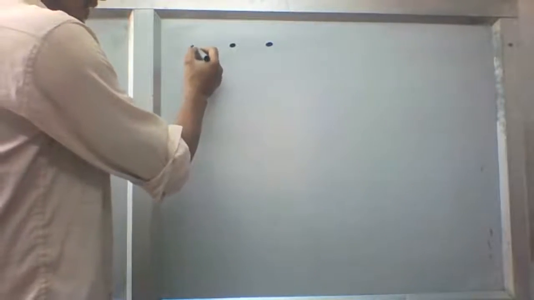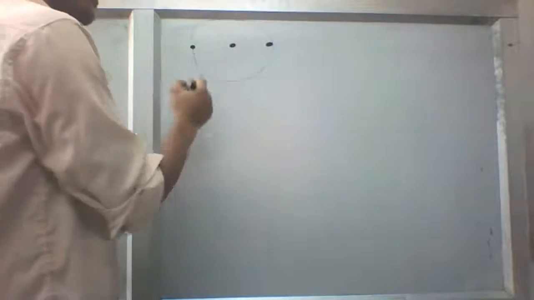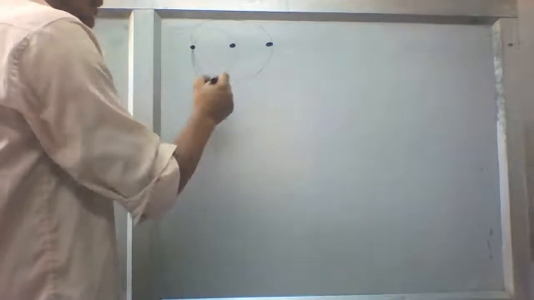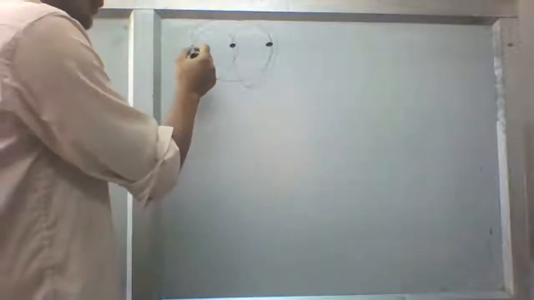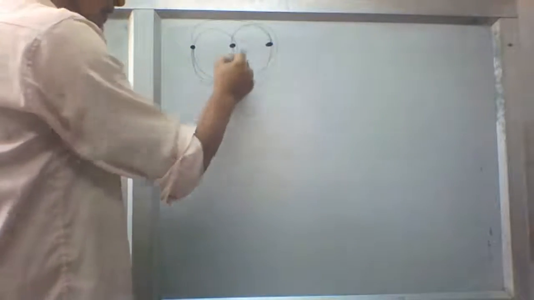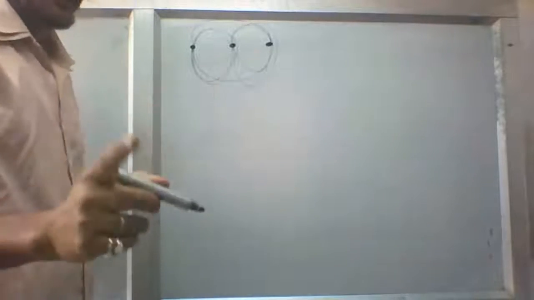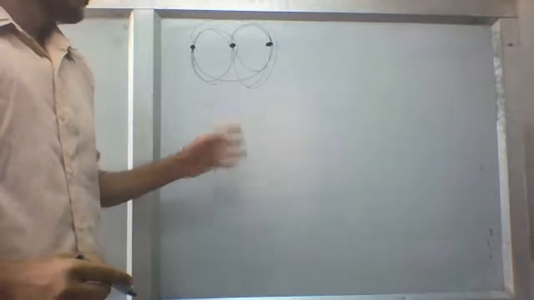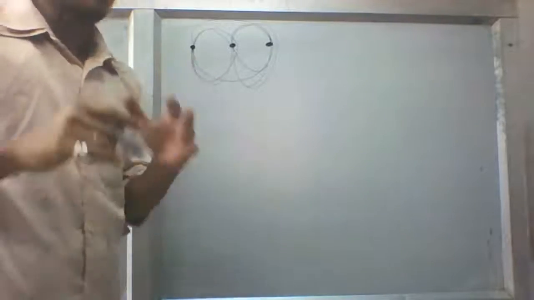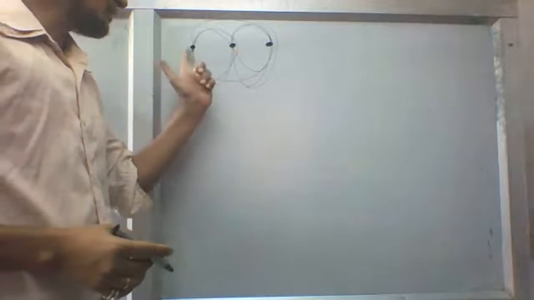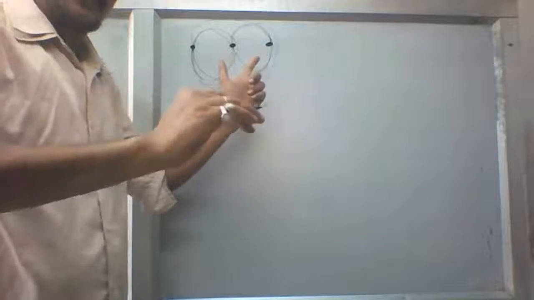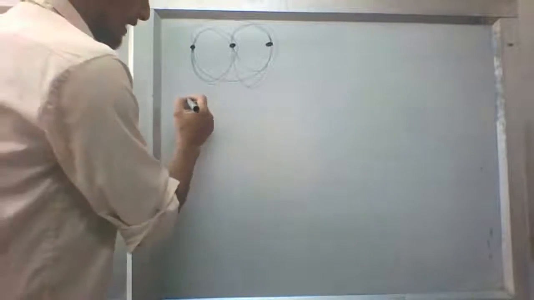Absolutely not. Because either you will make a circle like this, or a circle like this, or a circle like this, but including all these 3 points, you cannot make a circle. 2 circles will be. So at this condition, this happens only when these points are collinear, means in one line.